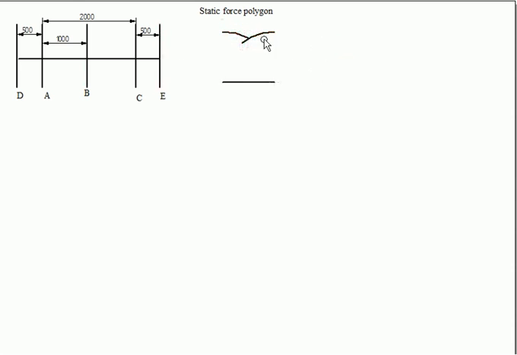Now if I connect these 3 points, that completes the static force polygon. So here the first line represents mass A, the second line represents mass B, and the third line represents mass C. Now from this static force polygon, I can find out the inclination of mass B as well as the inclination of mass C.